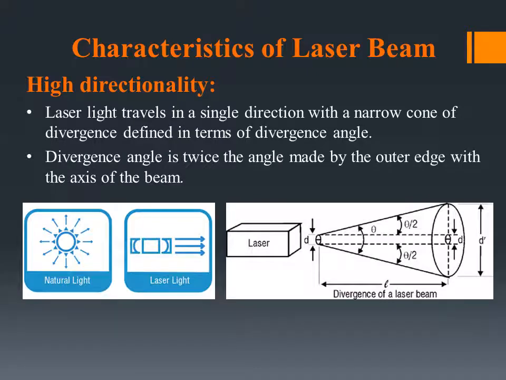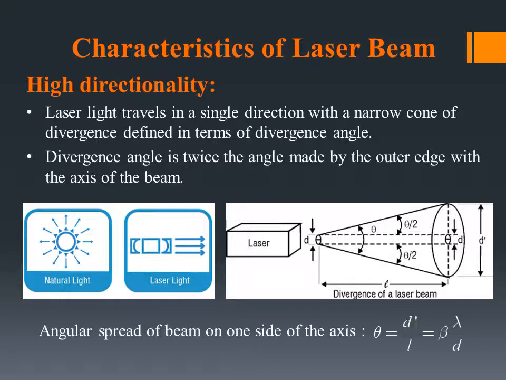Divergence angle is twice the angle made by the outer edge with the axis of the beam, and the angular spread of the beam on one side of the axis is given by theta equal to d prime by L, and this in turn is given as beta lambda by d.